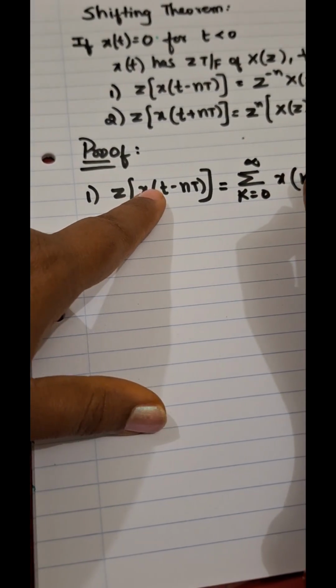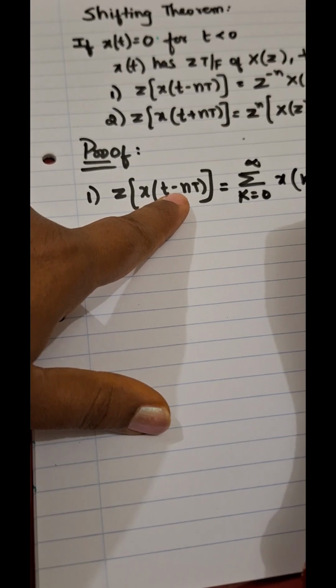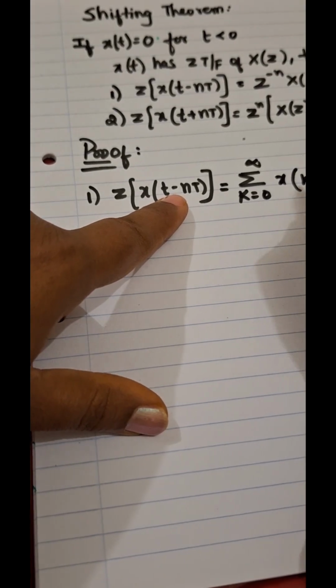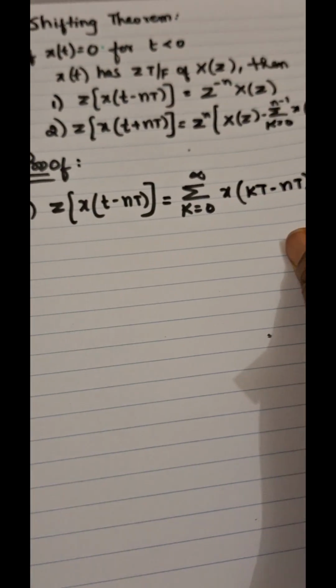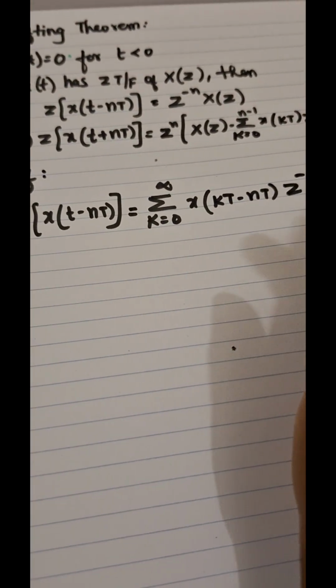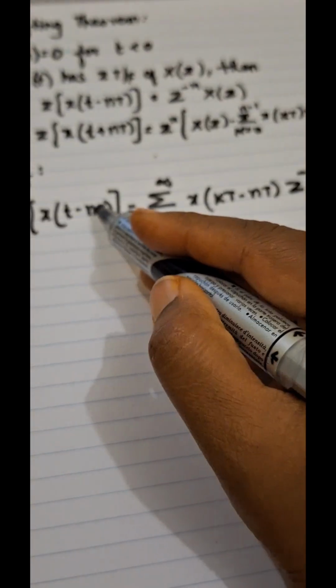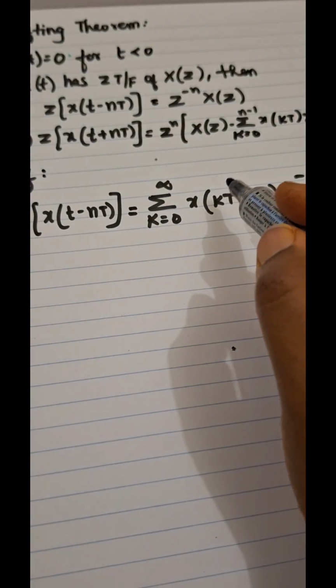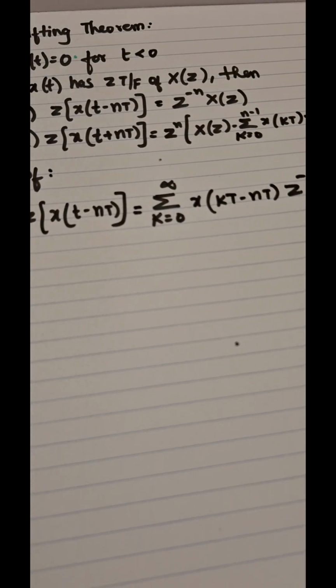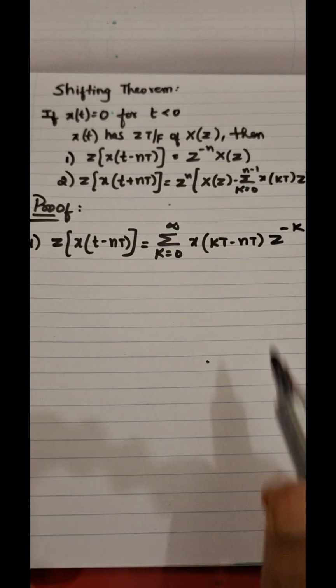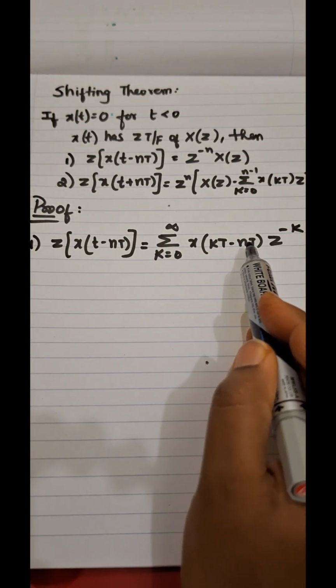So instead of t we got kT, and nT will be nT. x of kT minus nT, z power minus k. So the general formula we wrote, but instead of kT we wrote kT minus nT, because it is t minus nT.